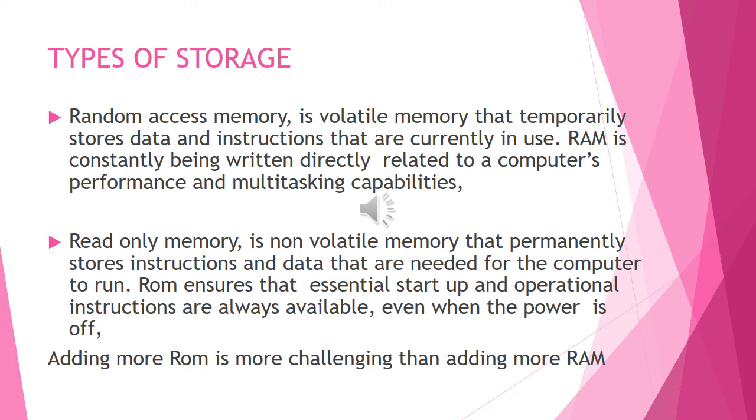On slide 10, we are still on random access memory. It is a volatile memory that temporarily stores data and instructions that are currently in use. RAM is constantly being written, directly related to a computer's performance and multitask capacity. RAM is easily upgradable by adding more RAM to the computer system. The RAM is known as volatile.